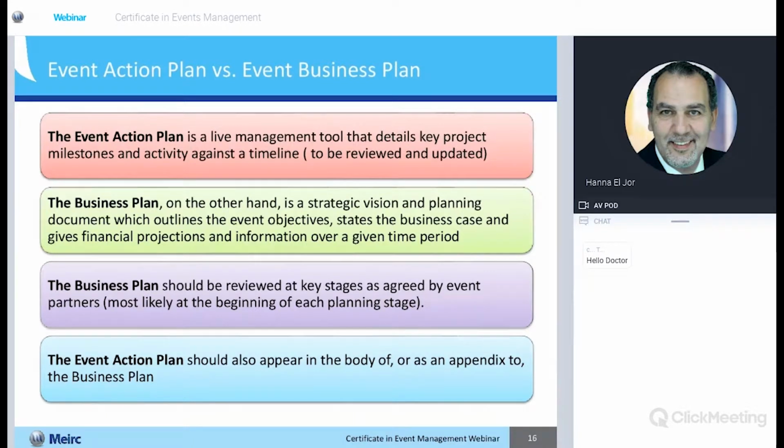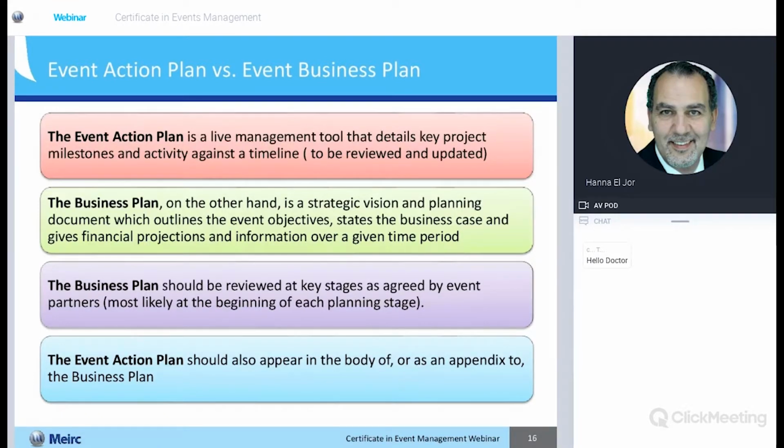So it is a tool that details key project milestones and activities against a timeline. It could be similar to a Gantt chart. Now, this is the event action plan.